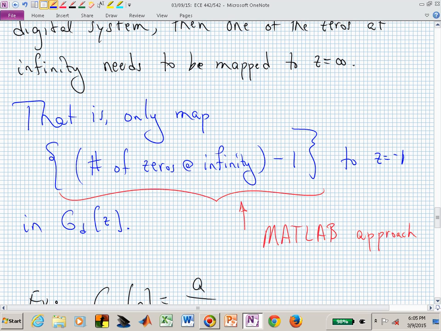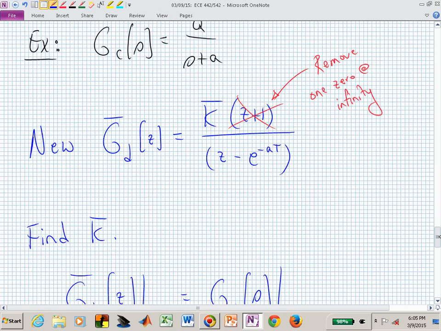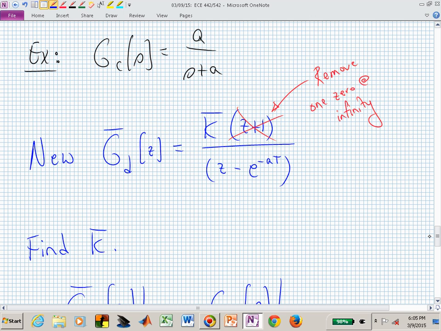Yes? So will this preserve stability? So the question was, does this preserve stability? What influences stability?